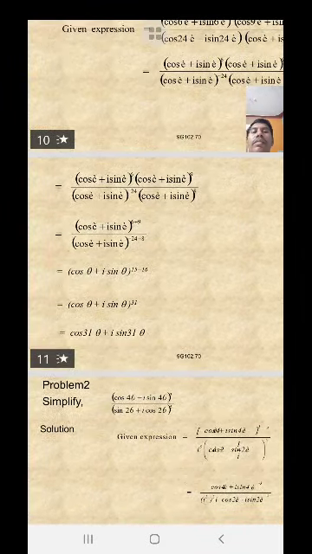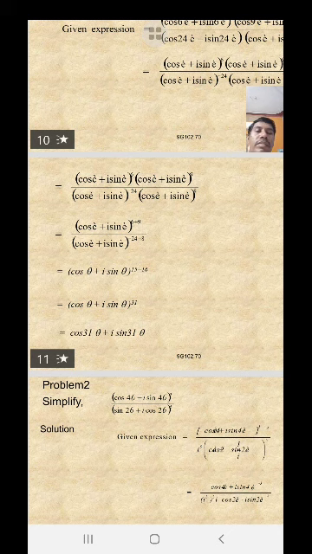Next, in the numerator the factors are the same and the powers are different. So write one term and add the powers. That means write the base once, because bases are same and it is a product, we add the powers: a^m into a^n equals a^(m+n).